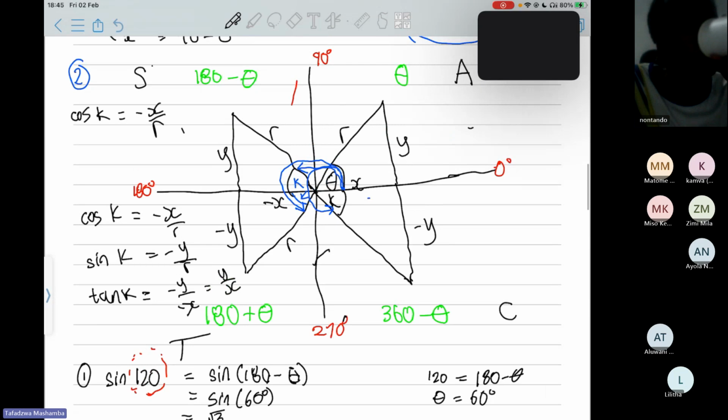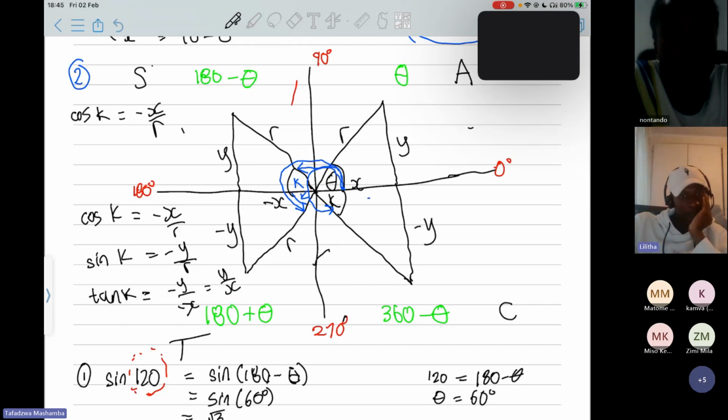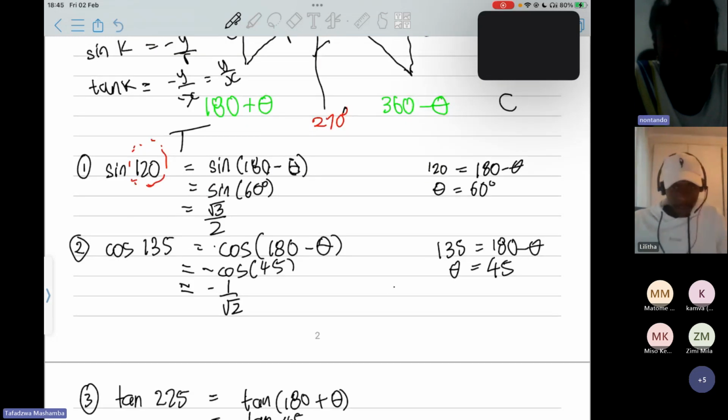Think of it like this: if I start at this position and I have a full revolution, that's 360. But then let's say I add 30 degrees. Can you see I've done 390 degrees, but I'm in the same position as someone who has 30 degrees. So when you have something like cos of 510, what you want to do is to just say, let's minus 360 again.